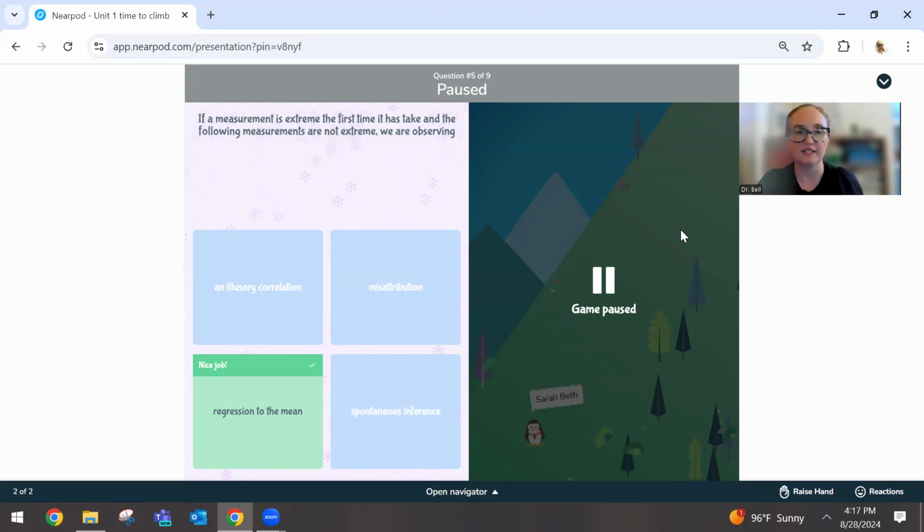And spontaneous inference is something that we have not yet covered, but I'm pretty sure regression to the mean is definitely on the test. It's just when you have something that's out of the norm, then you usually see things back to normal. Or like if on one test you failed, but you were always getting good grades, maybe the next one you'd go back to normal. So that's regression to the mean.